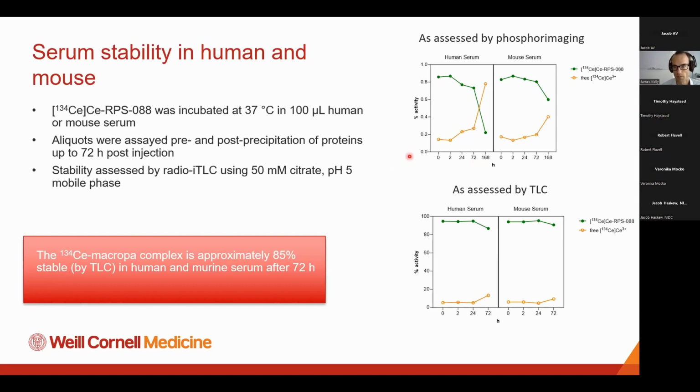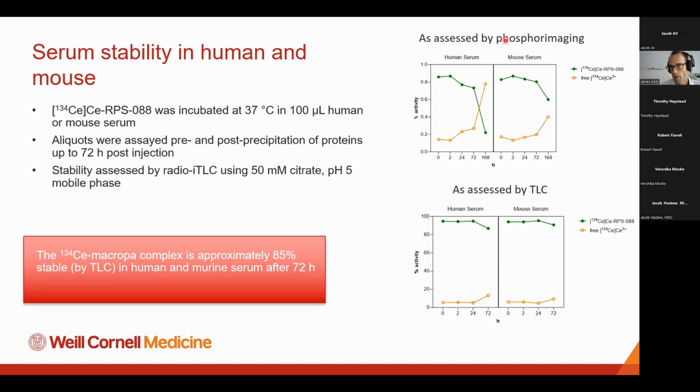And in this case, I'm showing just the results from the 50 millimolar citrate TLC, although we also did the experiment in the mixed mobile phase as well. But for the sake of time, I'm just showing a single analysis method.